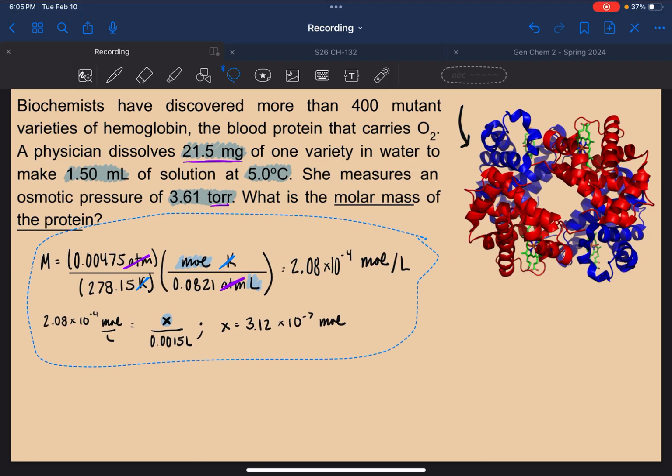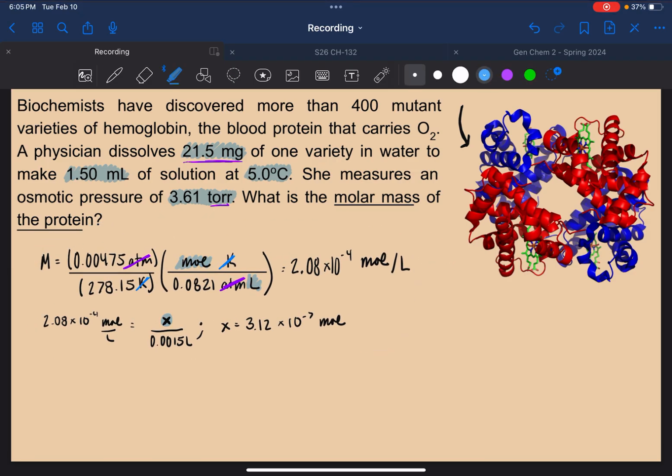All right. So now we know something very important, which is the number of moles that contributed to the osmotic pressure in that solution. And we just have to get all the way from moles to grams per mole. So molar mass is grams per mole. I have moles.